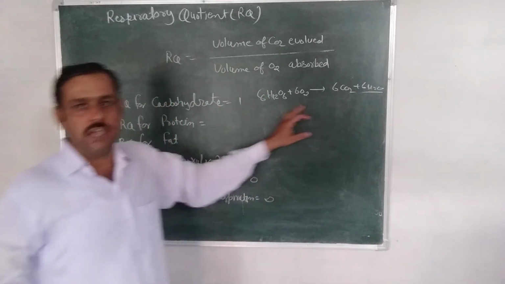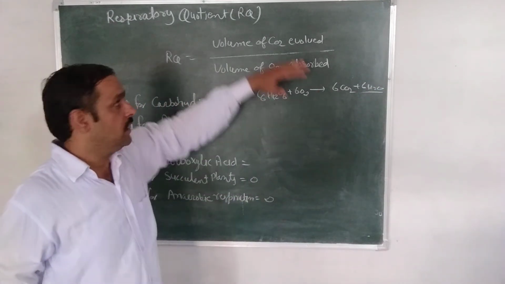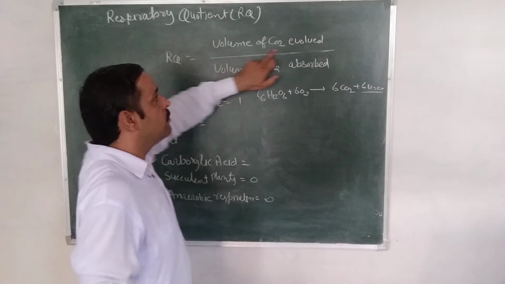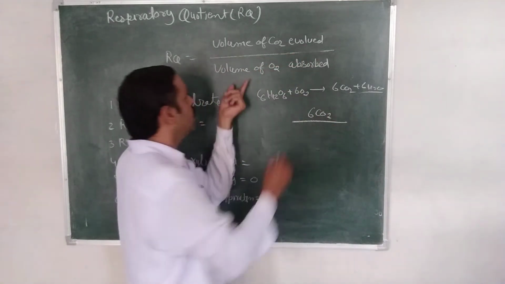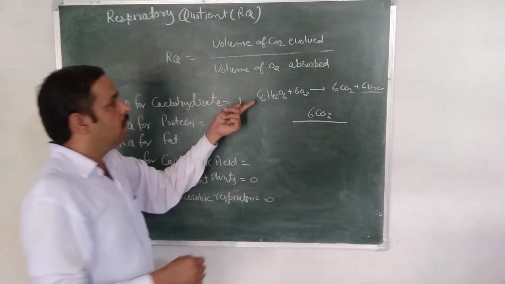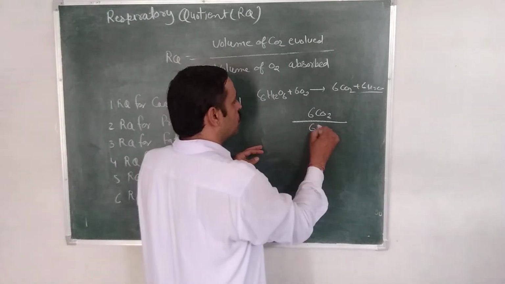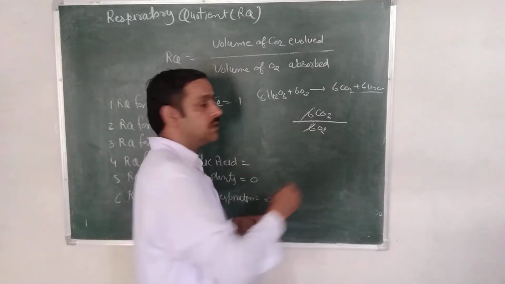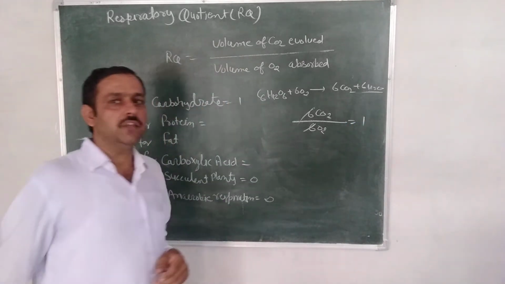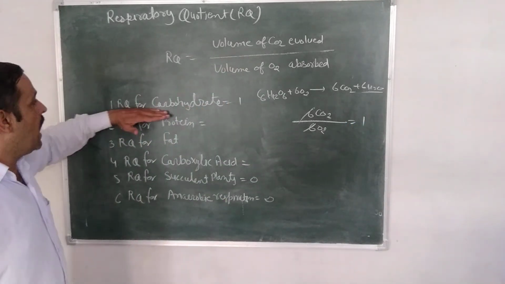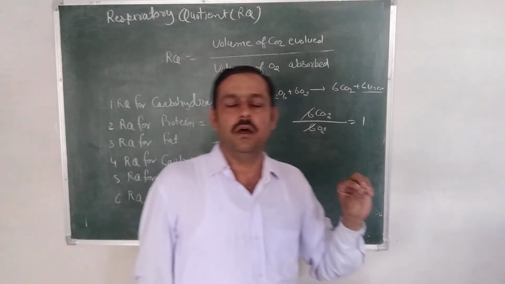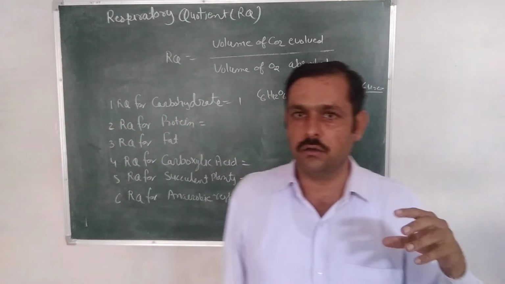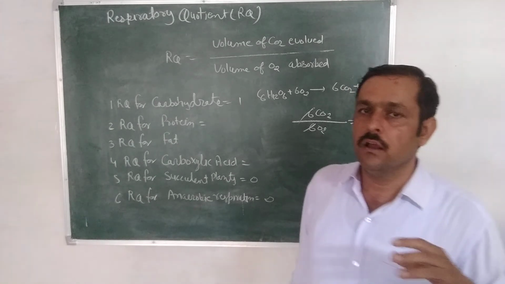Now put the values of this reaction in the formula: volume of CO2 evolved, 6CO2, upon volume of O2 absorbed, 6O2. 6 and 6 cancel. The answer is 1. So RQ for carbohydrate is 1. You have to remember the RQ of carbohydrate clearly.